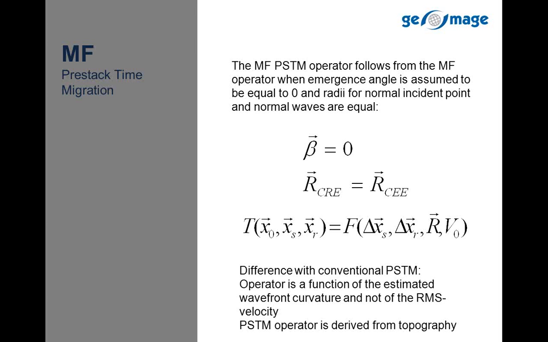approximation. It's enough to put the emergence angle equal to 0, and the two radii of curvature, RCRE, assumed to be equal to RCE.